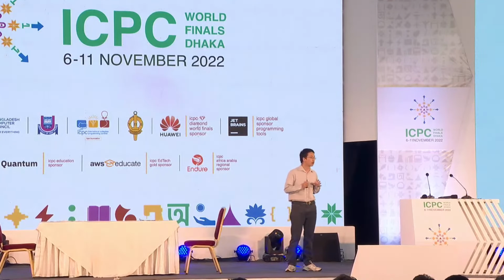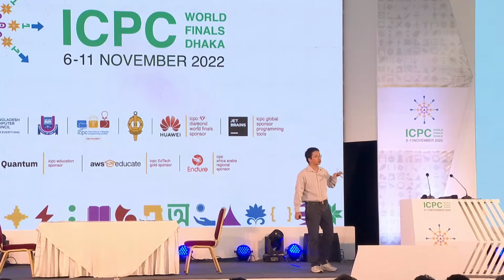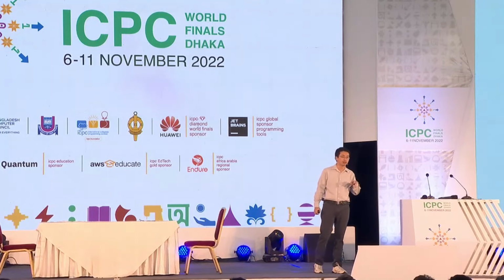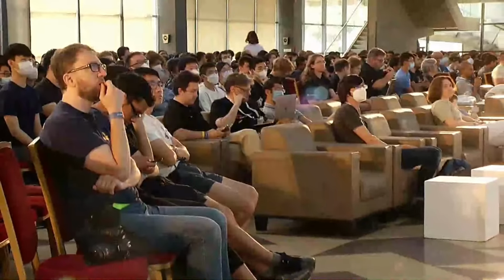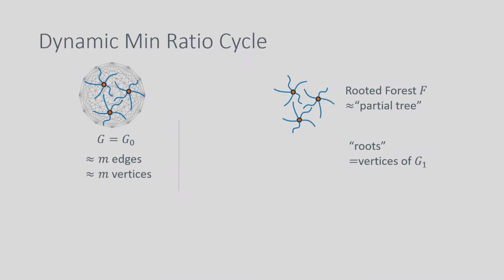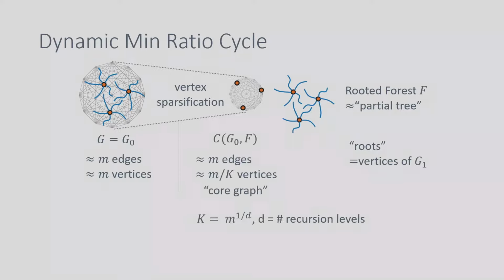The rough idea of how this works is that you work with what's called a partial tree. So this is a tree, this is a forest. Instead of a tree, you have a forest. And then you have this partial tree where the roots are vertices of the smaller graph. So given a graph and a partial tree, what you do is contract the trees. You turn each tree into a single vertex. And that's called vertex sparsification.